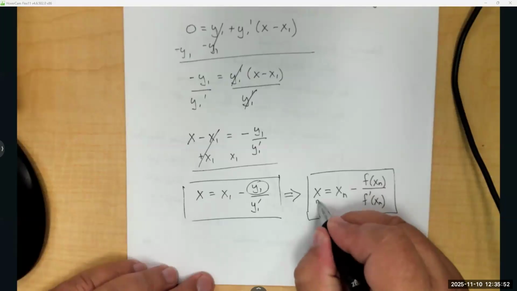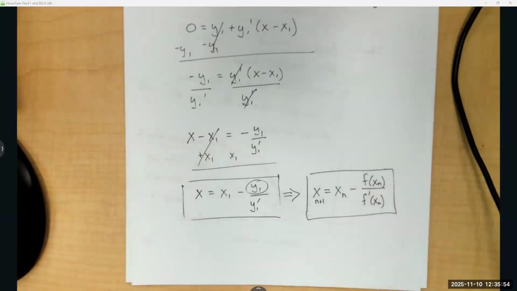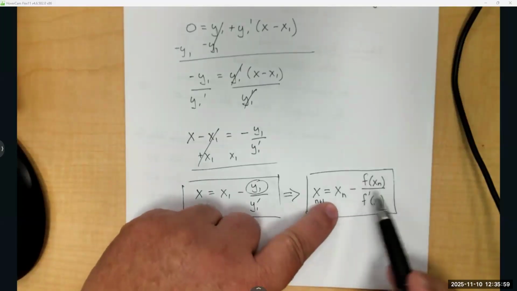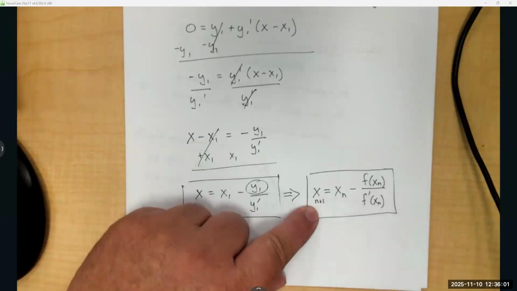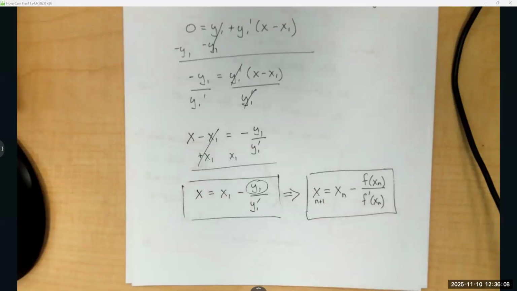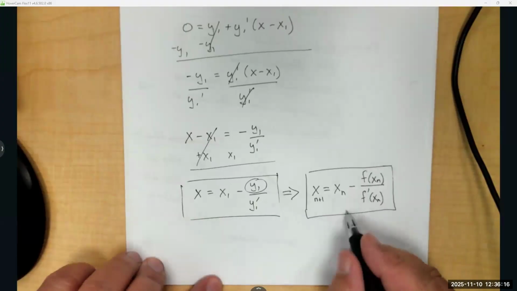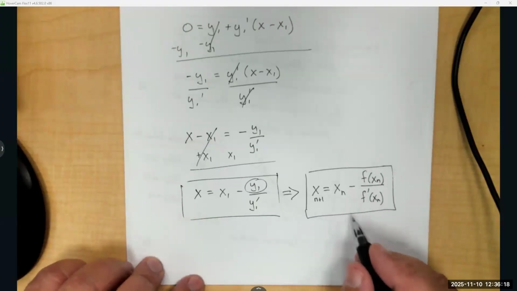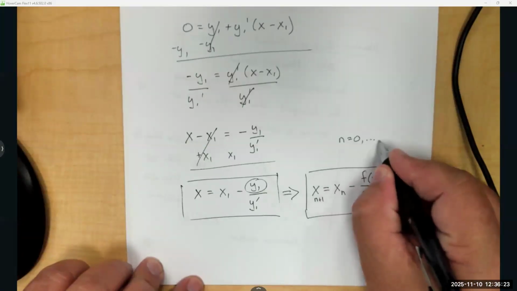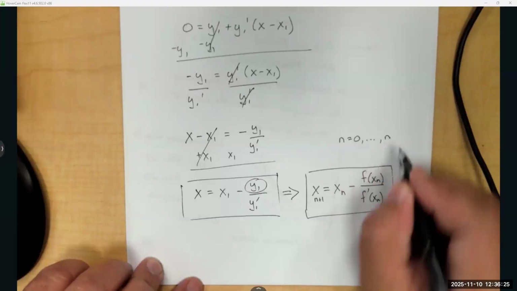What this ends up with is x sub n plus 1. You start off with an x sub n, plug it in there, whatever that gets, that's your next value. You plug that value into the next equation, work it out, and whatever that is goes in as the next value. I'll show you in long form how it works. But this is the only formula you need to know, where x sub n begins at 0 and goes on until you solve it.